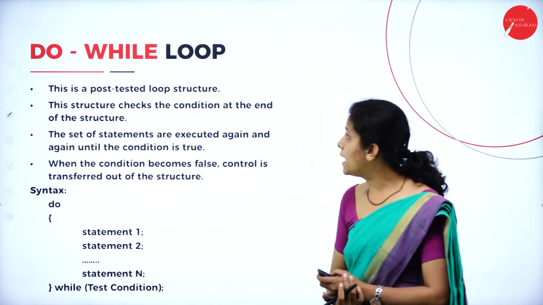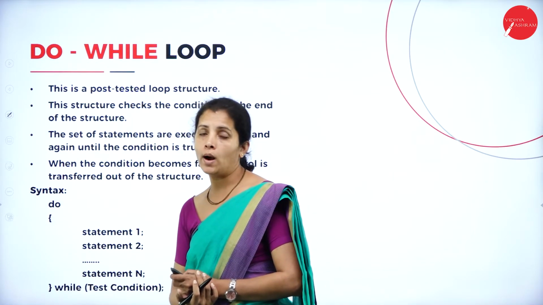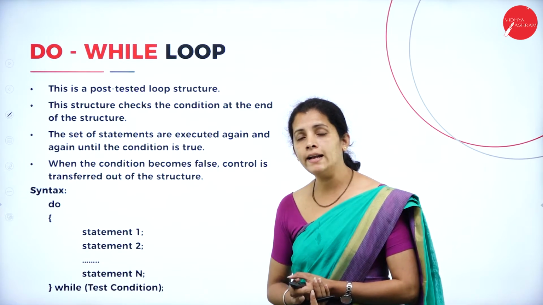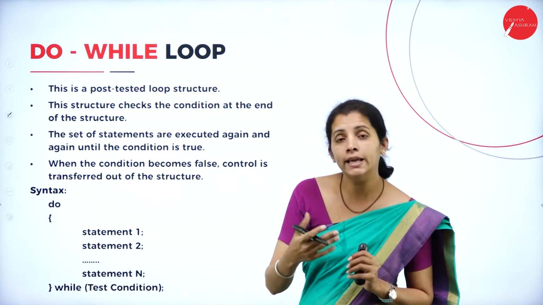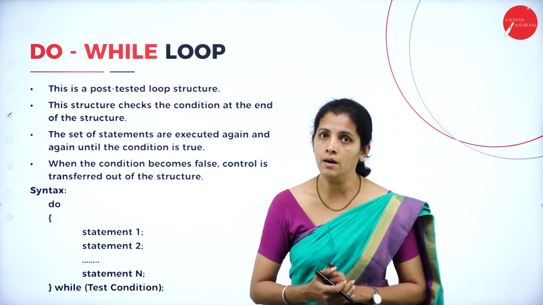And it is followed by the do while loop, or do while looping construct. So, dear student, think that without checking my hall ticket, I'm going to enter the examination hall and write the exam.